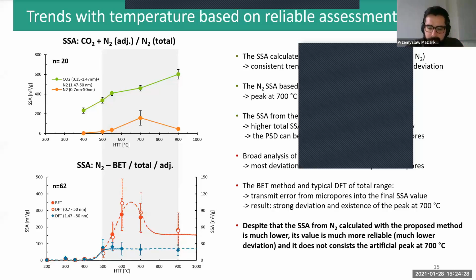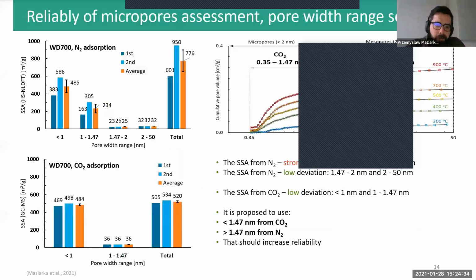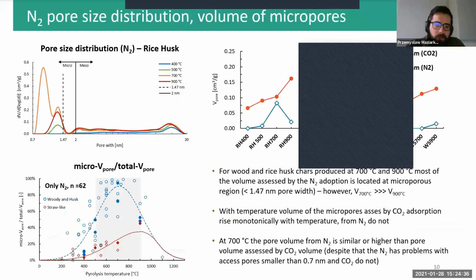The second part of the question, feedstock-wise: at this moment it's very hard to judge how different feedstock influence the specific surface area. What is the relation between the feedstock and the specific surface area?